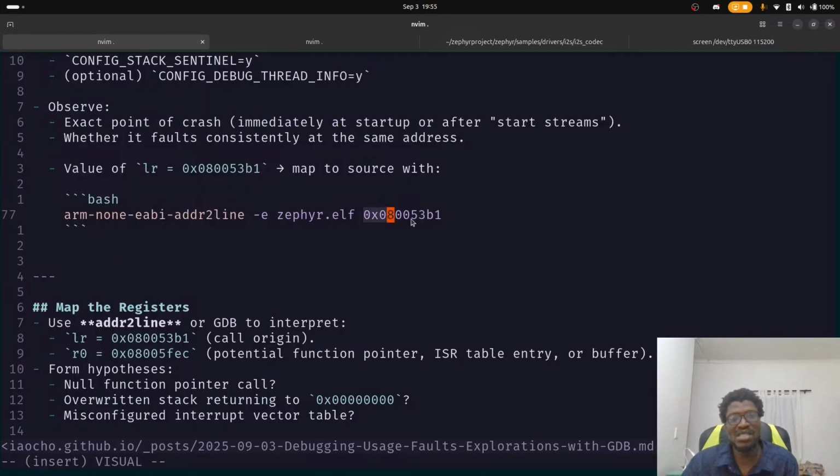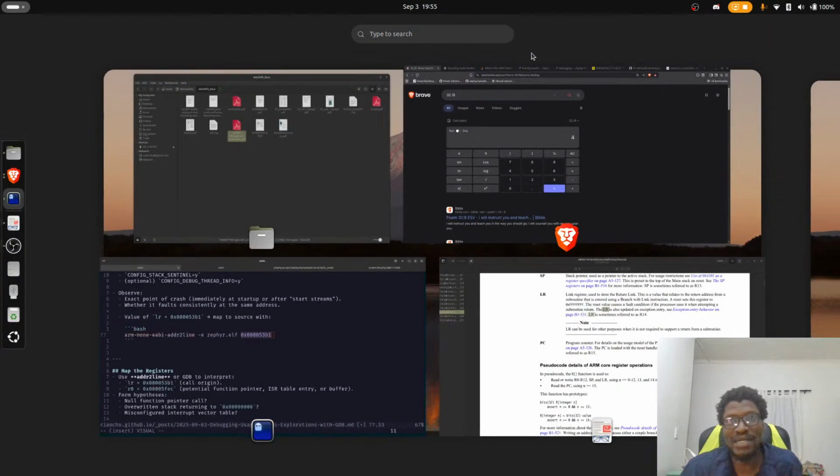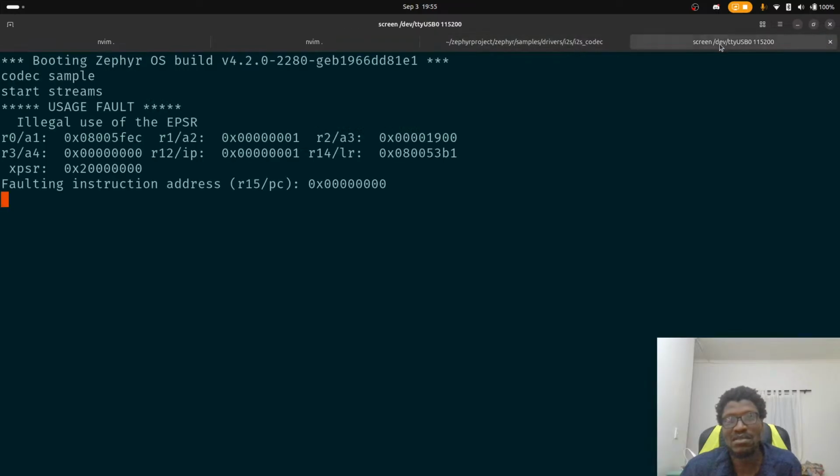And if you see, I'm pointing it at the instruction that caused the error, so the return to that instruction. Okay, cool. So let's look at the error again so that we have it. We want to know who calls this return address. So who called this so that an error can happen? Let's go there.